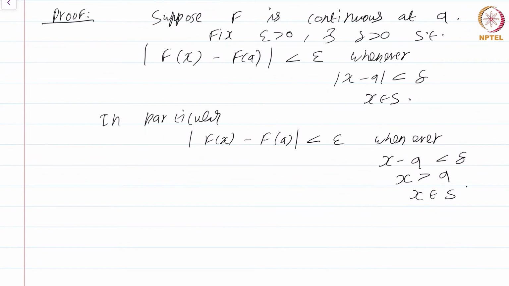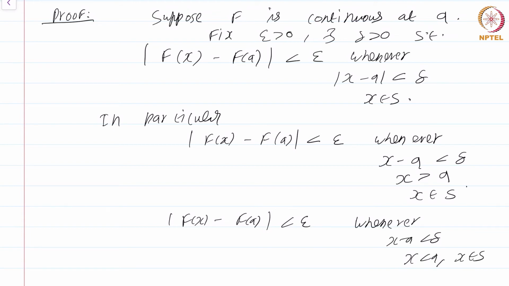I'm just taking a special case. I'm just looking at those points x which lie to the right of a by declaring that x is greater than a, right? In particular, this is true, and so is the fact that mod f of x minus f of a is less than epsilon whenever mod x minus a is less than delta and x less than a, x in S.